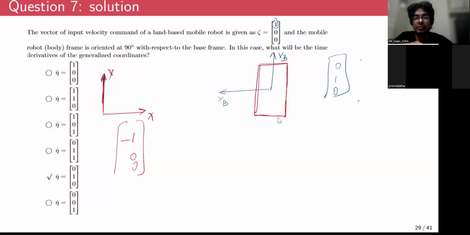If it is simply given as 90, you can assume counterclockwise. So when XY is rotated counterclockwise, X ends up in the vertical direction and Y ends up like this. Okay, thank you.